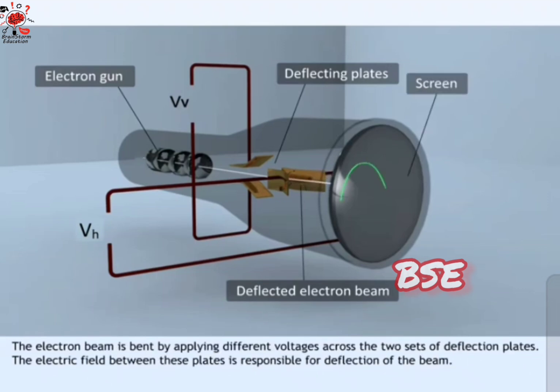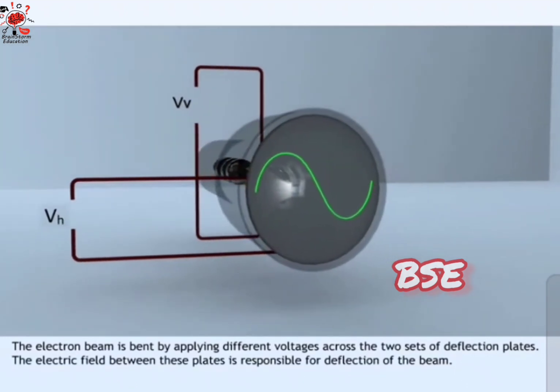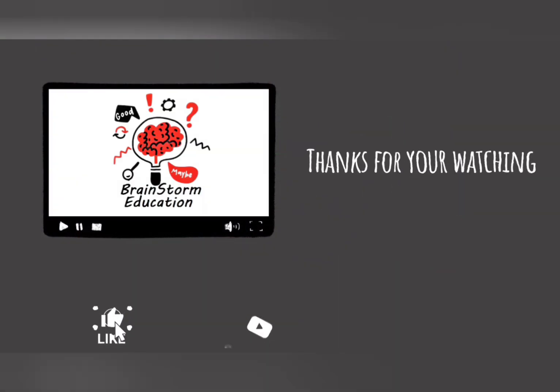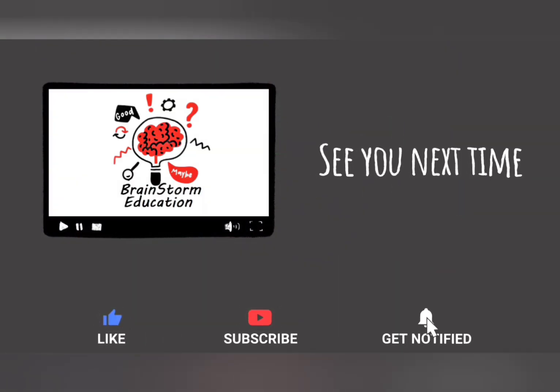This electron beam is bent by applying different voltages across the two sets of deflection plates. The electric field between these plates is responsible for the deflection of the beam. All this leads to the formation of some specific pattern on the screen.